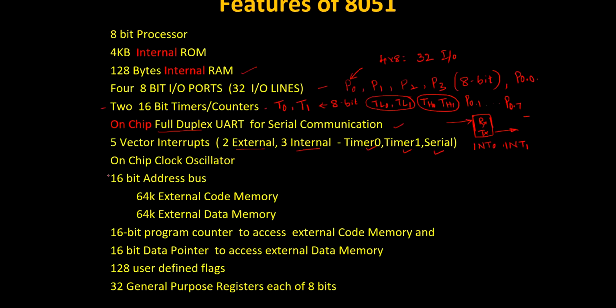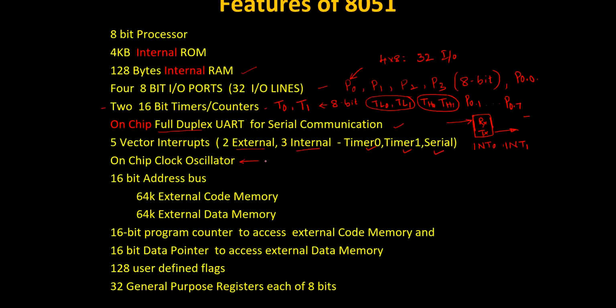Okay, next, one more main feature in 8051 is the on-chip clock oscillator. Any processor works on a clock with an optimal frequency. So we need not generate a clock by using an external oscillator. It is an on-chip oscillator.